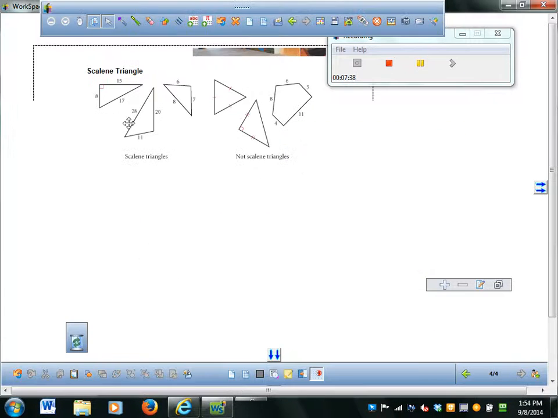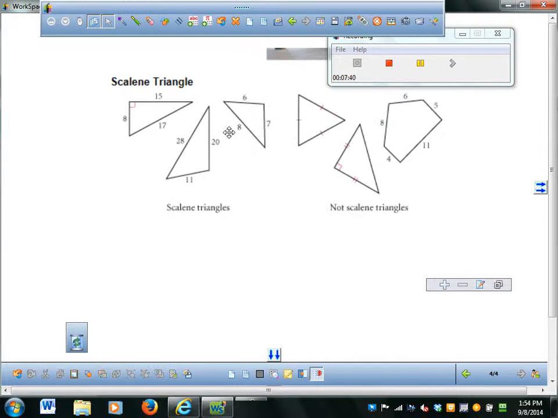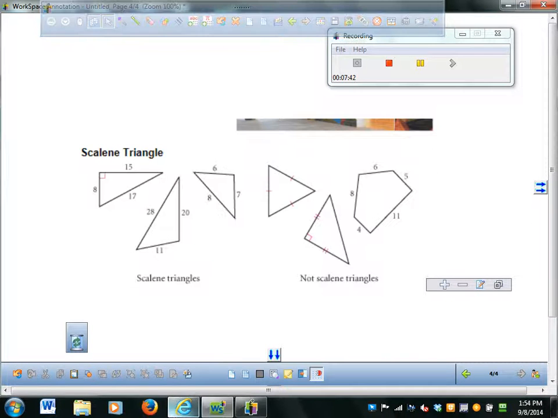You can tell me what is a scalene triangle. That's a word you probably have not heard before. Maybe some of you have. Go ahead there, Ryan. A triangle without any equal sides or angles. Good. We don't know about angles, but we'll just say no equal sides.